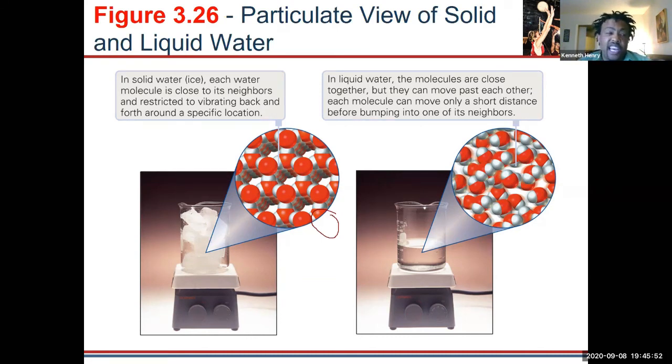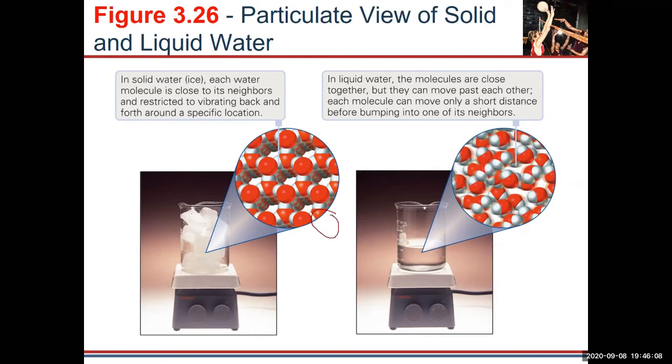Whereas a solid like a piece of iron, an iron rod, the iron molecules are right next to each other. So they don't have space in between them, so they're going to be heavier, and so they're going to sink.